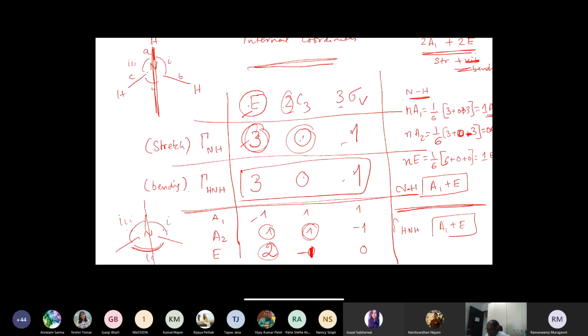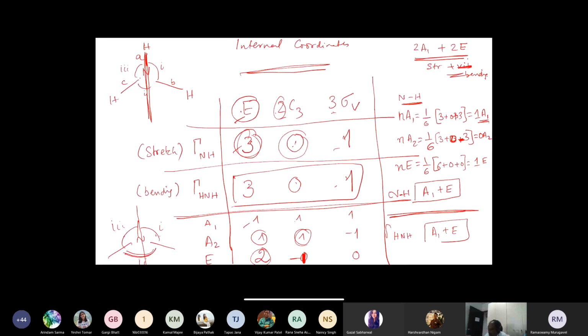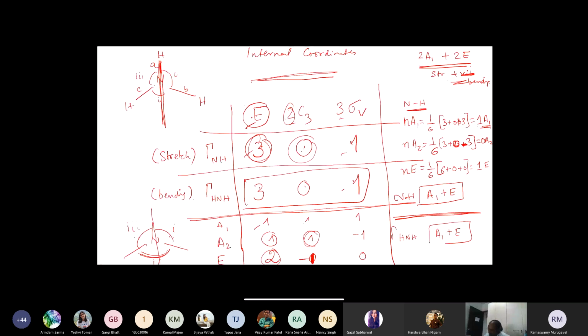I will also be talking about not just bonds as a basis or angles as a basis, I will also talk about dihedral angles as a basis. This is for stretching vibrations. This is for bending vibrations. This is for out of plane vibrations.